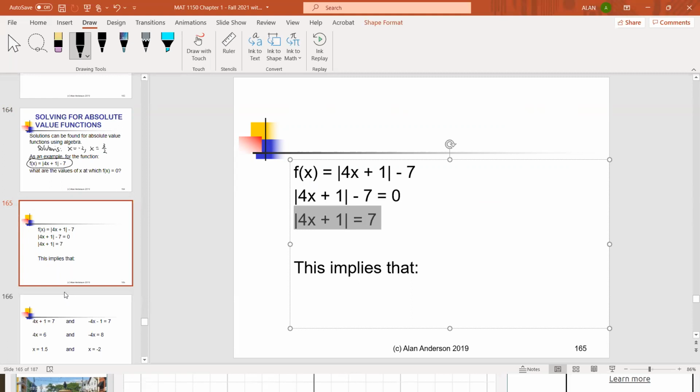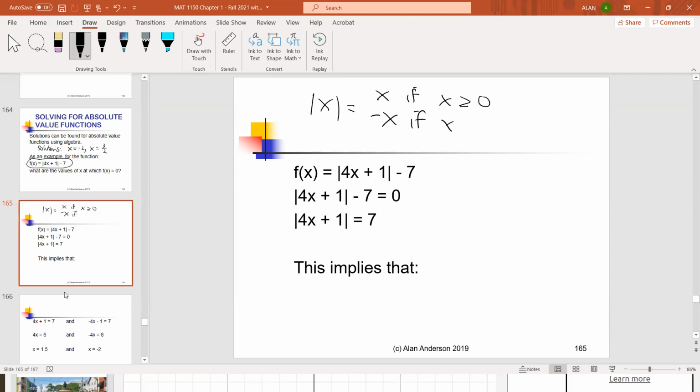Keep in mind that the absolute value of x is x if x is positive or non-negative, and negative x if x is negative. This is the formal definition of absolute value. That means we have two solutions here.